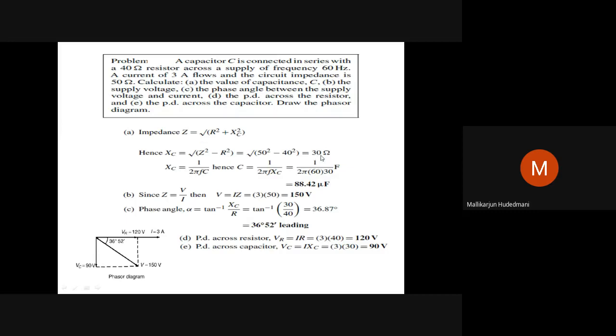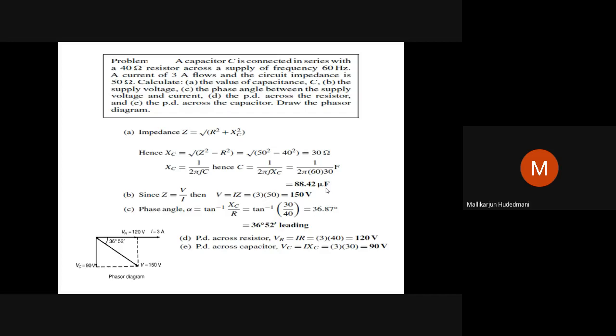This 30 ohm is XC, but XC has a basic equation 1 by 2 pi FC. When I put this with the XC, C I can calculate. C stands as 1 by 2 pi into 60 into 30, which is 88.42 microfarad. This is how we have to work systematically with the numerical. So C I could get very easily from the fundamentals.